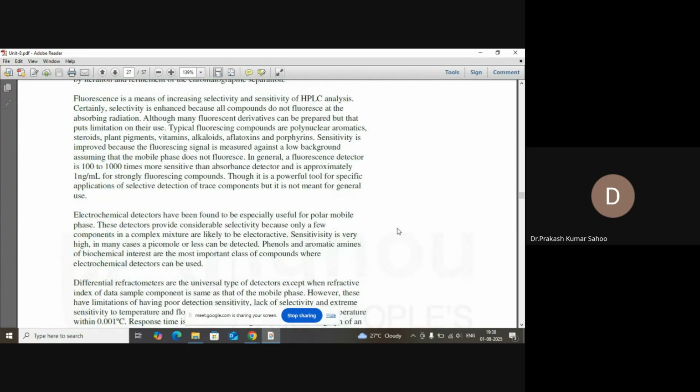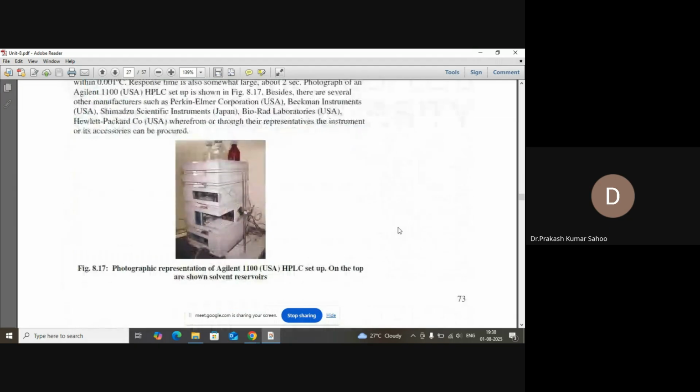Which detector has some positivity and some negativity, which has more sensitivity, the less time required for the analysis, etc. So this is the company Agilent, a good company from USA.